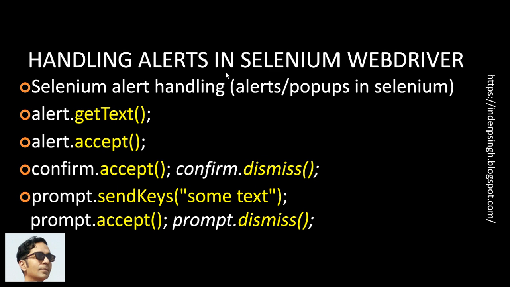Handling alerts in Selenium WebDriver. Now let me tell you the actual commands in Selenium with Java. For Selenium alert handling, that means alerts or pop-ups handling in Selenium, the getText method gets the text message that you see in the alert. The accept method clicks the OK button of alert pop-ups in Selenium.